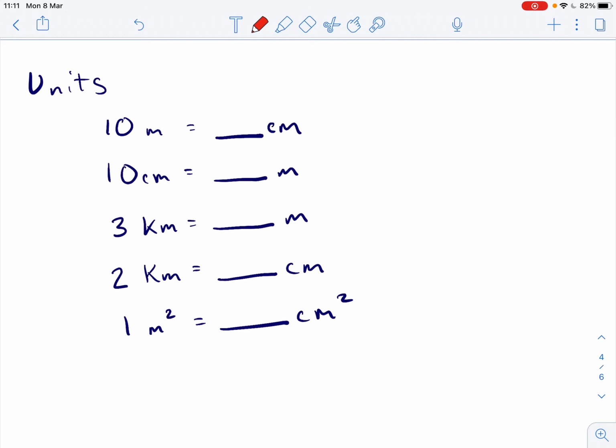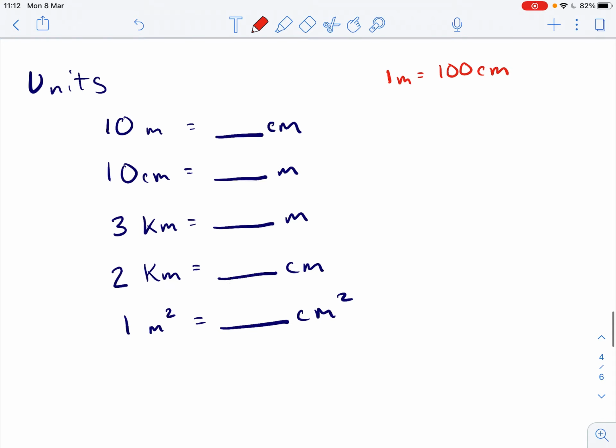So thinking back to the autumn term when we first converted between units, we have 10 meters equals a certain amount of centimeters. Well, I know that in 1 meter there are 100 centimeters. So that's what the scale factor stands for, 100.